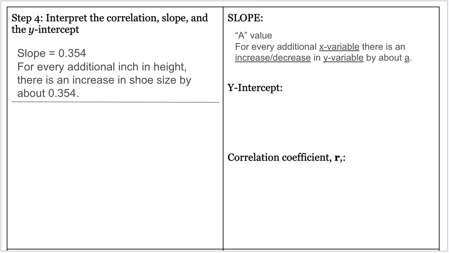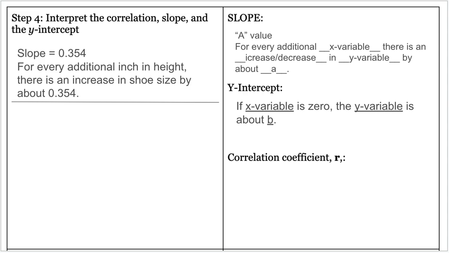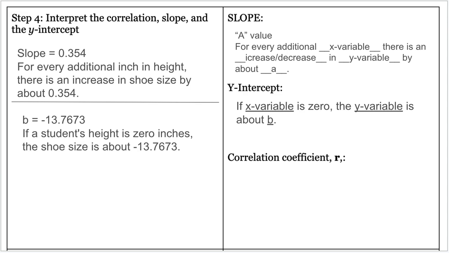Now my y-intercept. My y-intercept is where a line would hit the y-axis. It hits the y-axis wherever x is equal to 0, which is pretty much how you would understand a y-intercept. So if the x variable is 0, the y variable is about that b value. Specifically for this one, we had a b value of negative 13.7673. So if a student's height is 0 inches, the shoe size is about negative 13.7673.